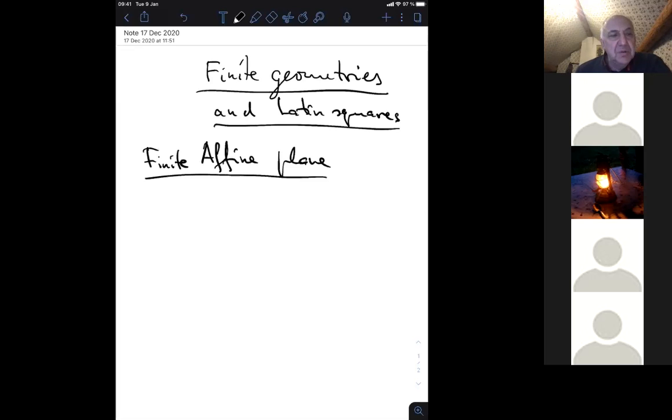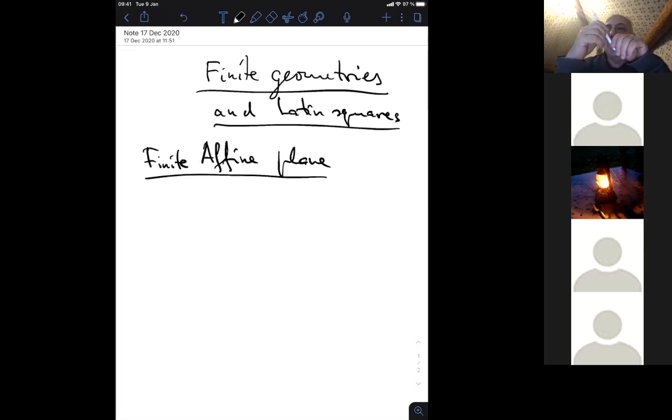And Euclid's axiom says that if we take two distinct points in the plane, there is a unique line passing through them.